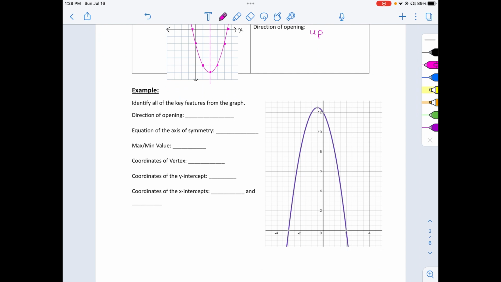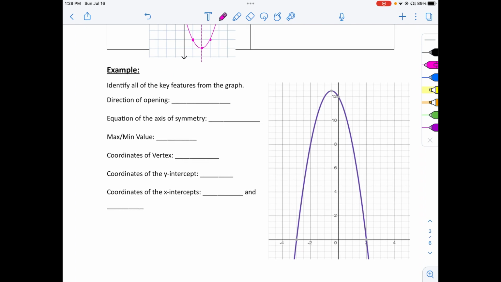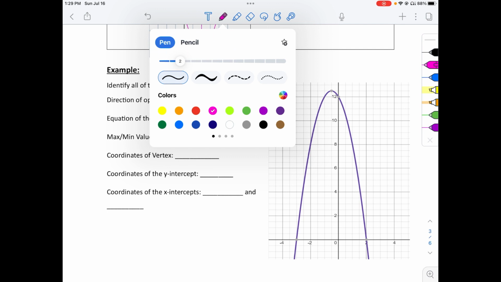Okay, so if I look at this curve here, it's already plotted out for me. I don't know the equation, I don't know the table of values, but that's fine. I can still tell what all of my key features and key points are. So the direction of opening is obviously down, right? It looks like a hill. It's extending down forever, so it's opening down. My axis of symmetry would be if I cut right through the middle.